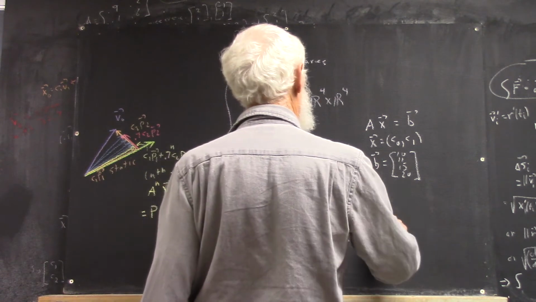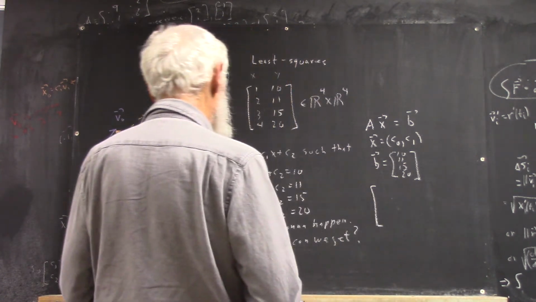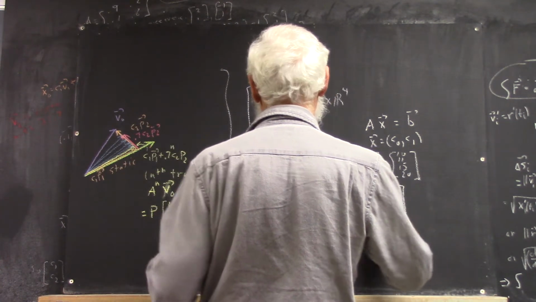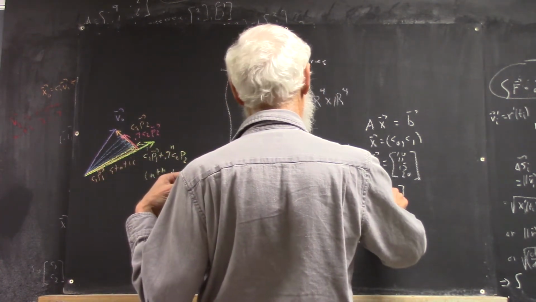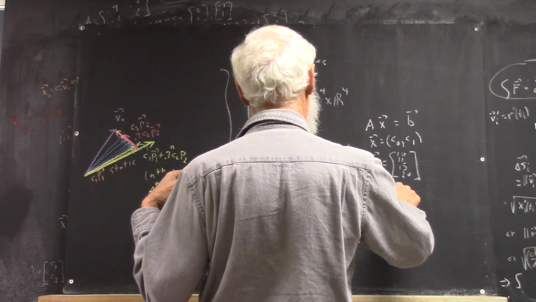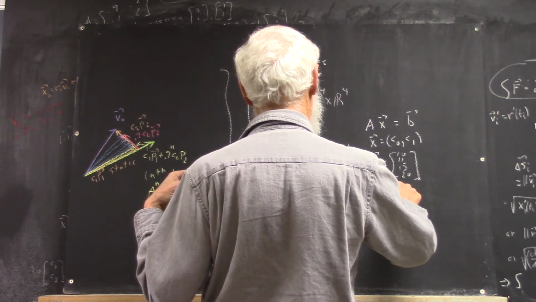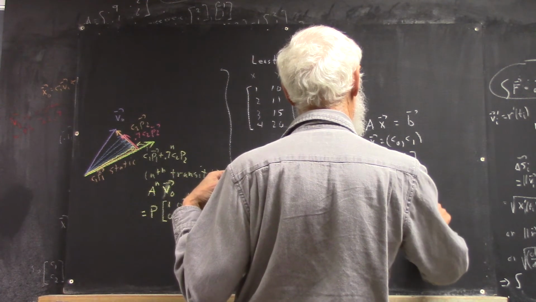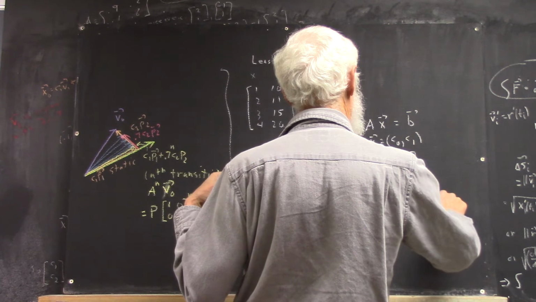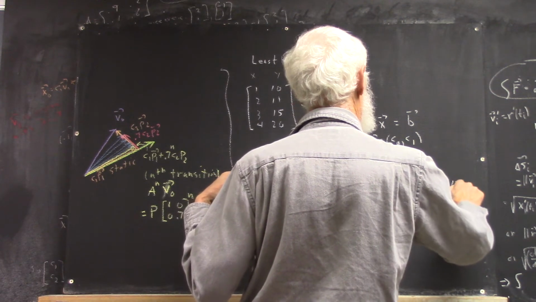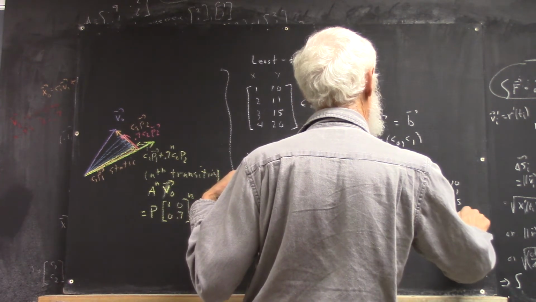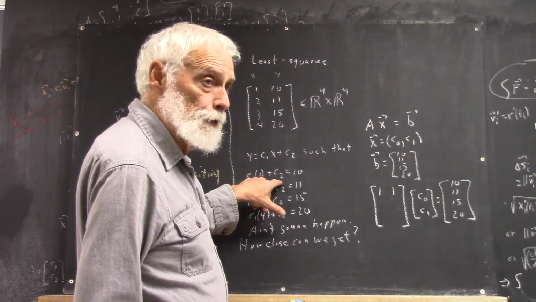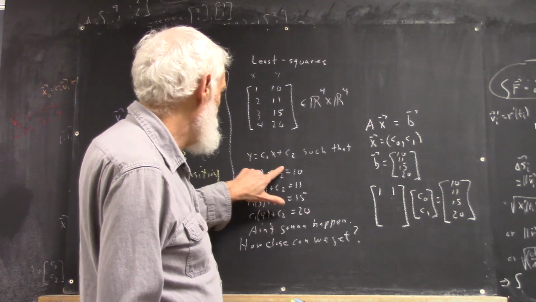So this could be written this way, C1 times 1 plus C2 plus C0.